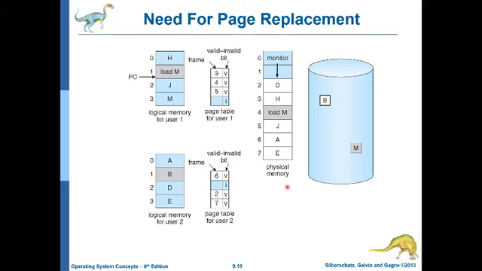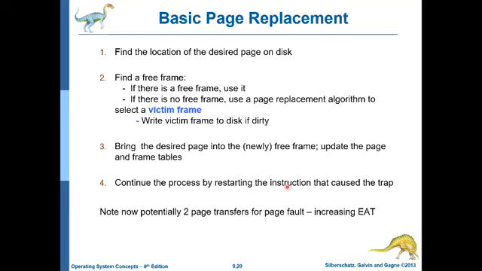Now the basic idea of page replacement is that we will first find the location of the desired page on the disk which we want to load, then we will find a free frame in the main memory. If there is a free frame, we will use it and load the desired page.